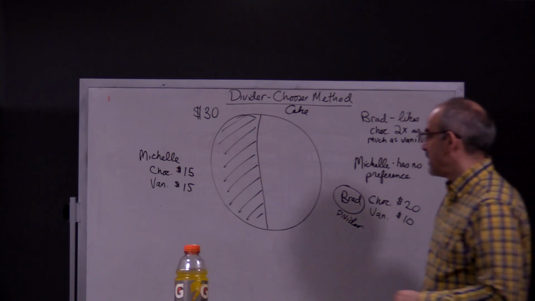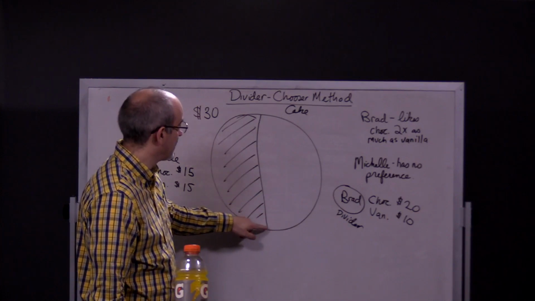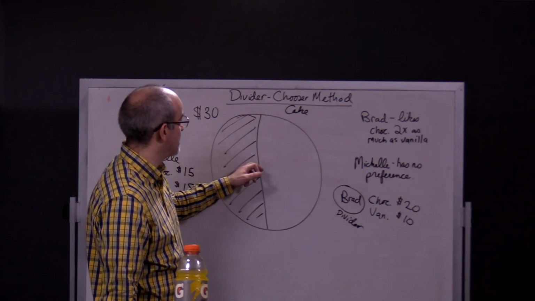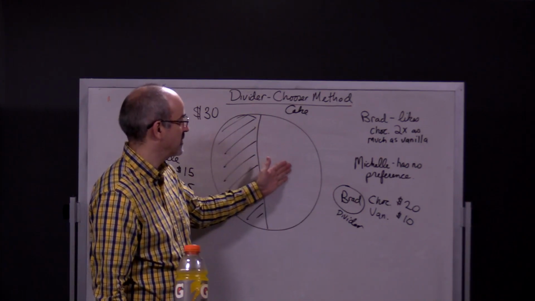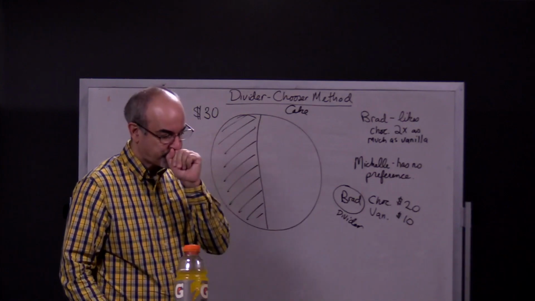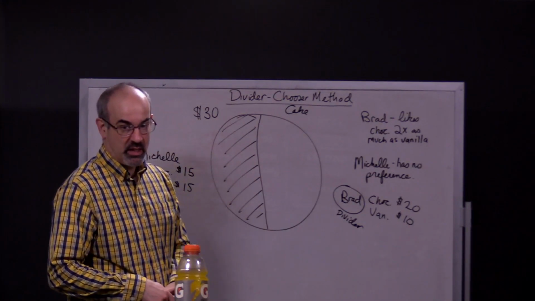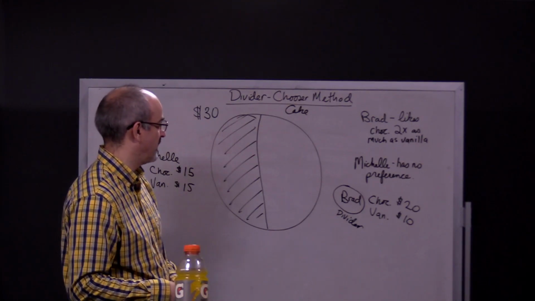He would never cut the cake down the middle this way, because if he did that, Michelle might choose the chocolate side, so Brad would be left with the vanilla side, which is only worth $10 to him. And he wants to get at least $15 worth of value.